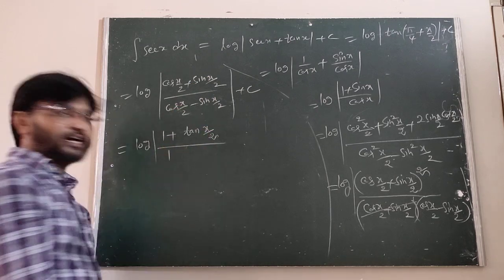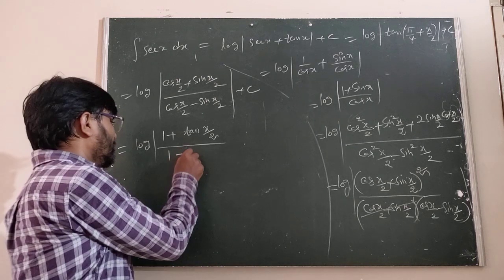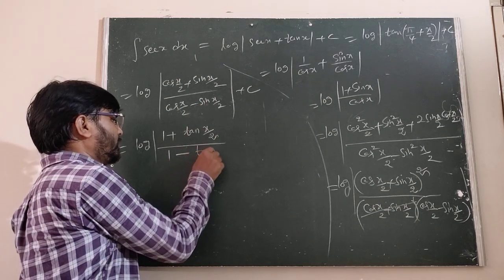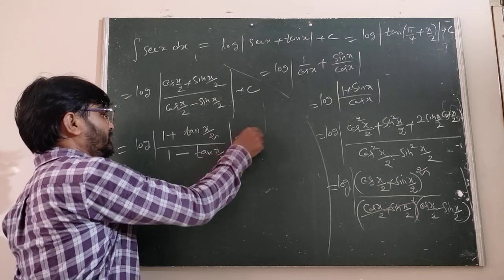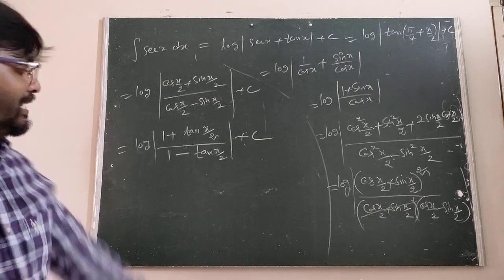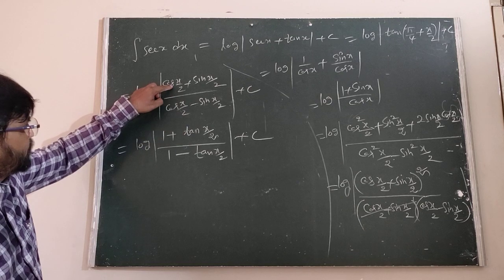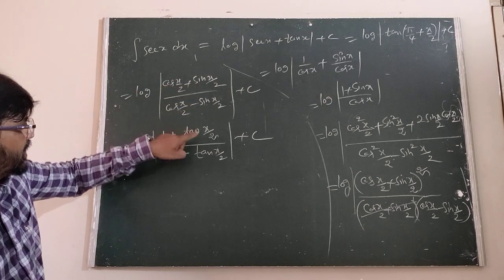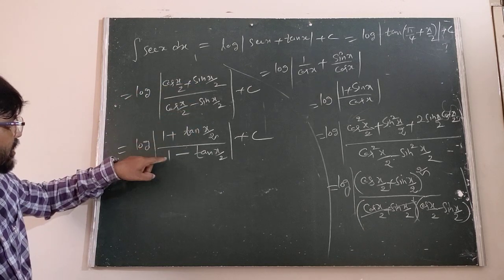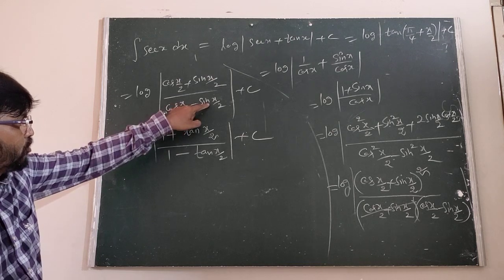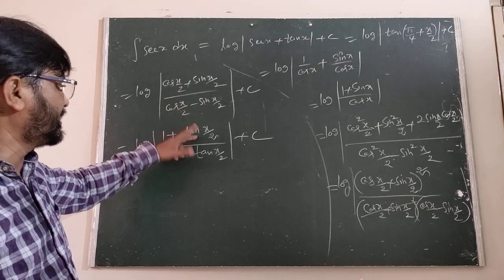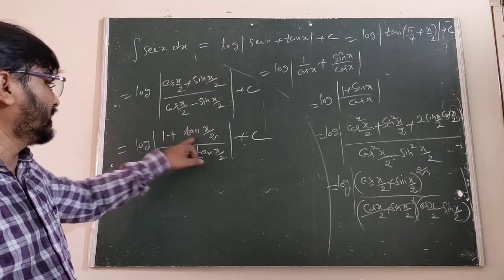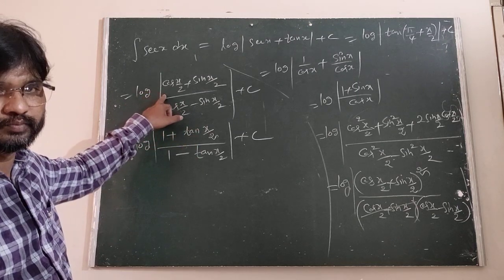In the denominator also, 1 minus sin x by 2 by cos x by 2 is tan of x by 2, plus c. Is it clear? We can write tan x by 2: cos by cos is 1, sin by cos is tan. Suppose if you forget it, you can write tan as sin by cos, take the LCM, and again get this step.